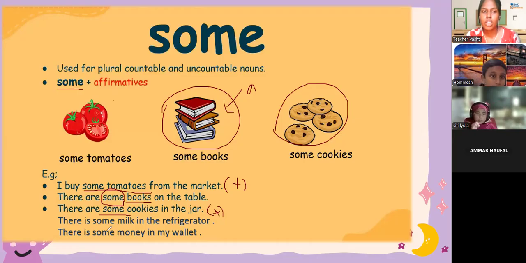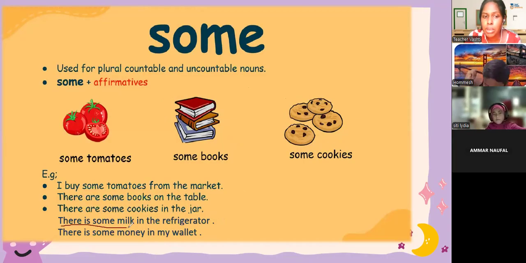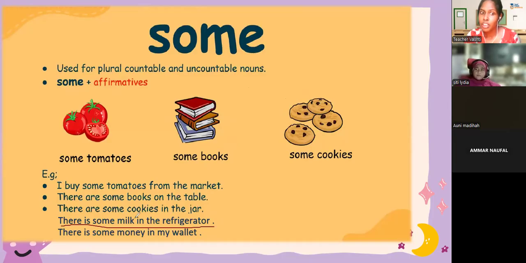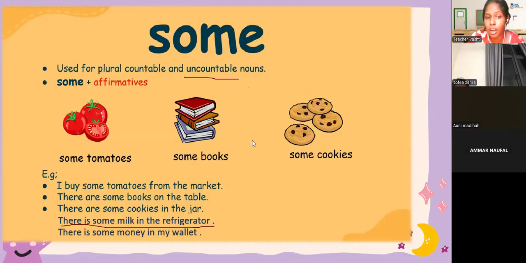There is some milk in the refrigerator. Milk is more than one? No S. Uncountable. Good. If it is uncountable noun, it's not to say more than one, but it's a lot.